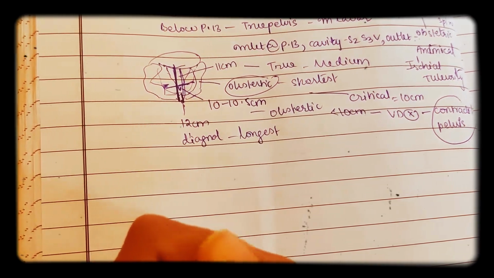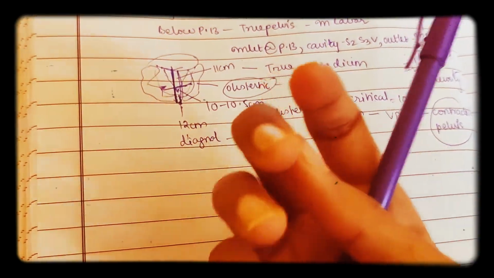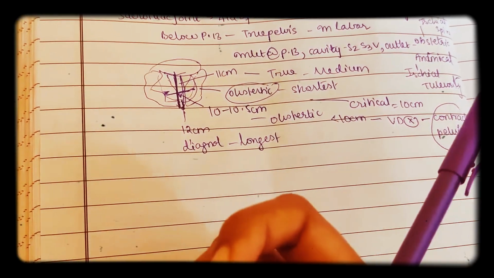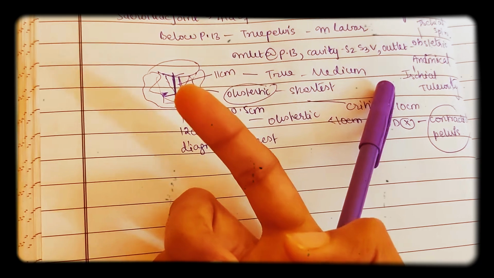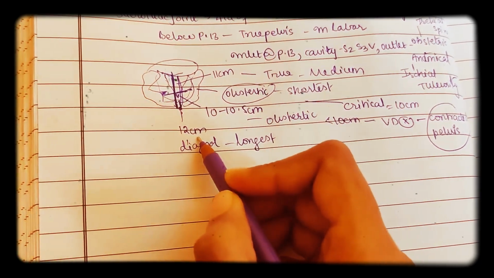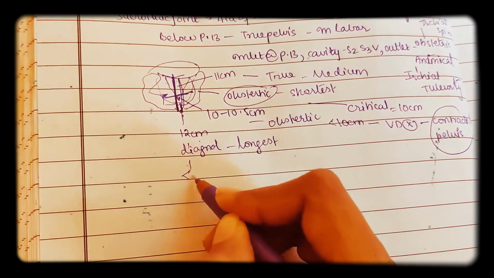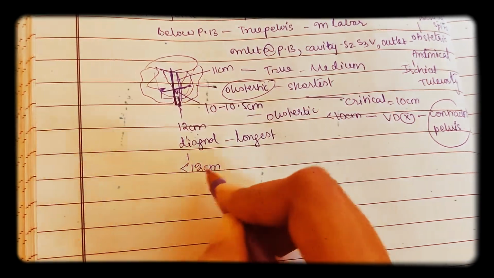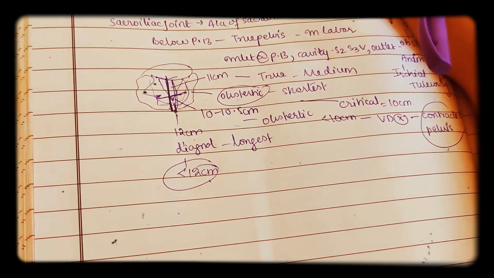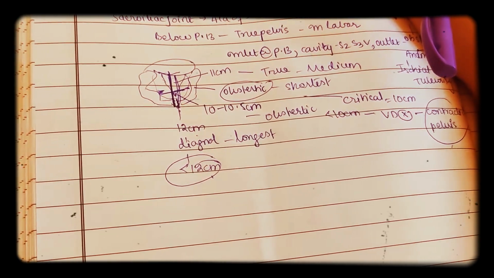That is a good sign that your pelvis is big, so you can do a normal vaginal delivery. But in some cases, when you can palpate the sacral promontory, it is very bad, because if the diagonal conjugate is less than 12 centimeters, this type of pelvis is also called a contracted pelvis, and in this type of pelvis we can't do a normal vaginal delivery.